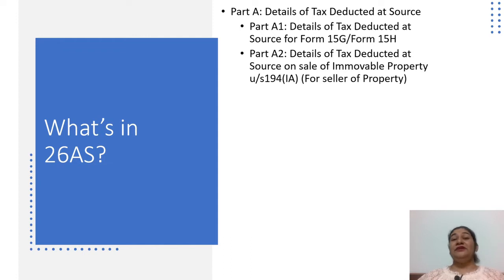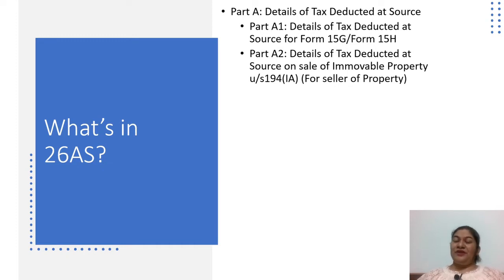Part A will give the details of tax deducted at source on the income, like salary income, your pension income, any interest income, or any income from winnings from lottery or any horse race. The name of the tax deductor who has deducted your tax, the amount of tax deduction, the TAN number of the tax deductor, and the amount deposited into the income tax treasury against the tax deducted. So these are the details which will be reflected.